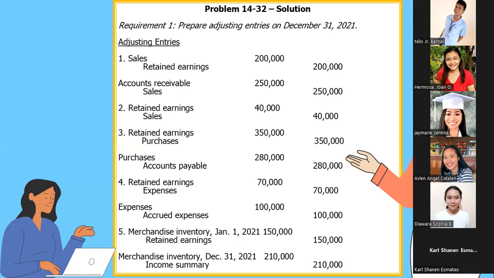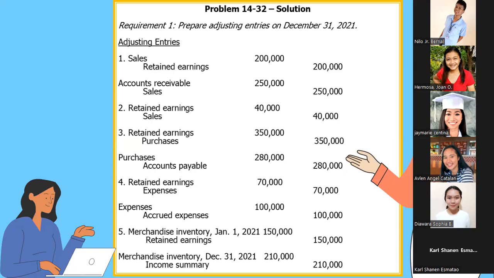Number 5, we have unrecorded inventory of December 31, 2020. To adjust, we need to debit merchandise inventory January 1, 2021, 150,000, credit retained earnings of 150,000. So this pertains to the beginning inventory.